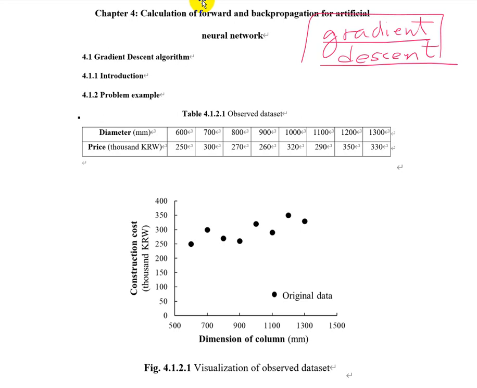And we have an observed data set here where we have a diameter and corresponding price in KRW, for diameters 600, 700, 800, 900, 1000 of circular columns.